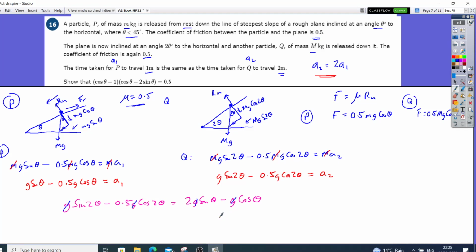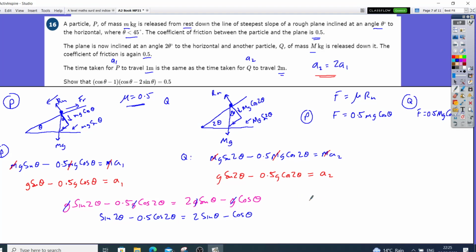Okay, and let's write this down in a simpler version. We've got sine 2 theta minus 0.5 cos 2 theta is equal to 2 sine theta minus cos theta. Now we've got sine 2 theta and cos 2 theta, and we want all thetas.